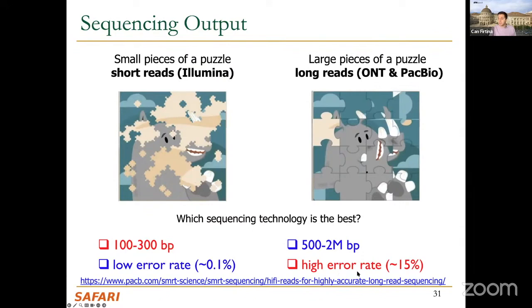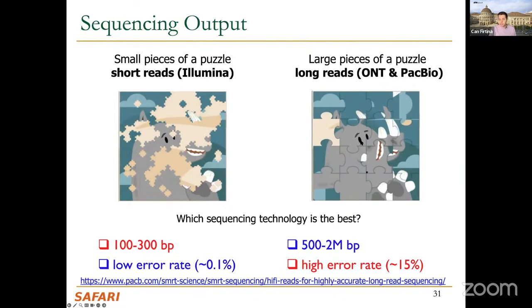So you can see the trend in the accuracy improvement of these long-read sequencing technologies. And the short reads have pretty low error rates, almost negligible. So whatever you construct using these long and erroneous reads, you may construct something, but it may not be the perfect image. You may end up getting an image that includes some errors in it.